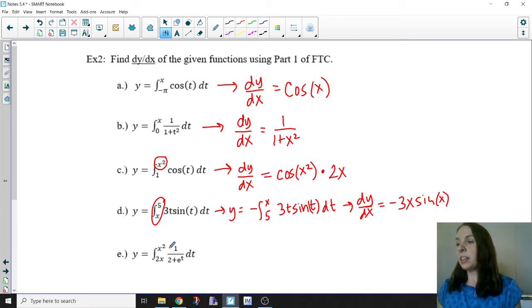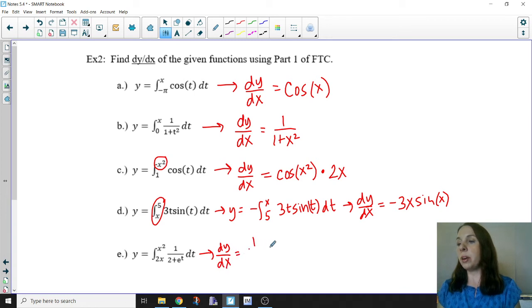Okay, finally this last one, because there is no constant, they are both functions of x, we will need to sub each of them in, apply chain rule, and subtract in between, upper minus lower. So your derivative is going to look like this.